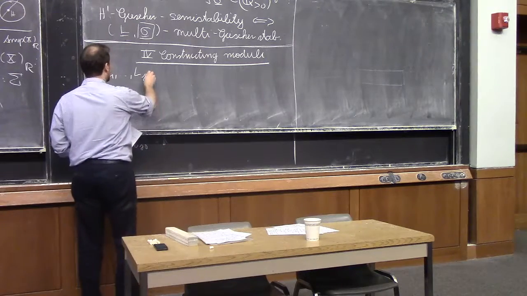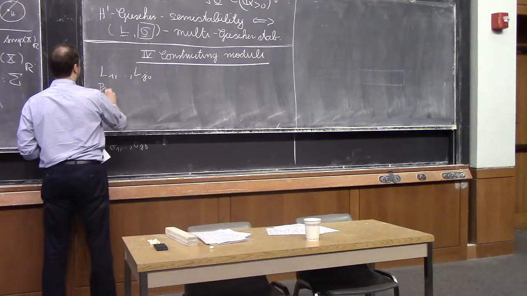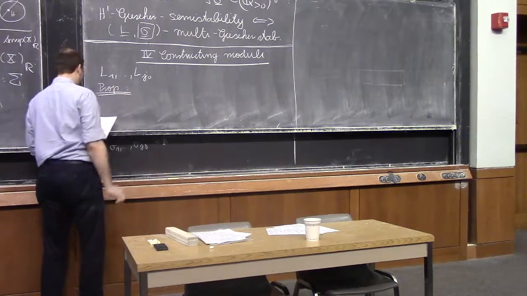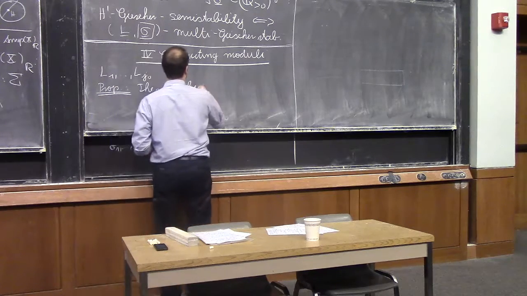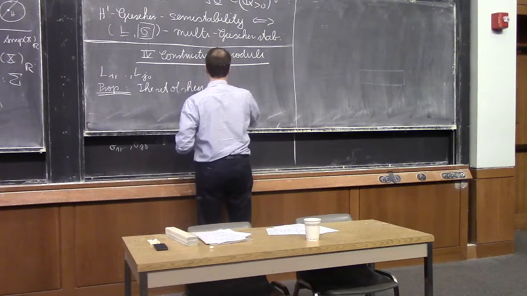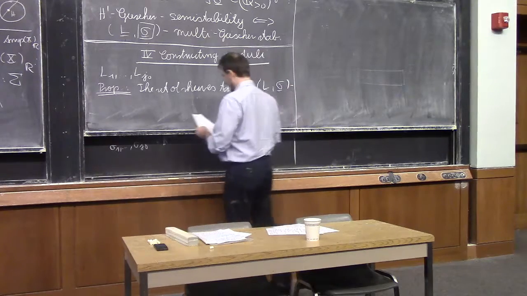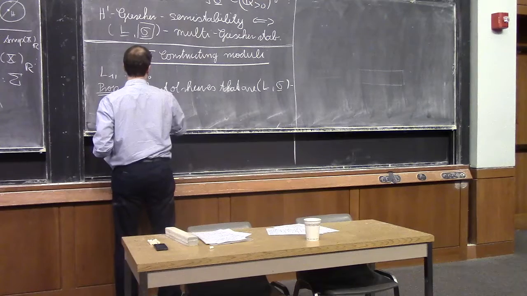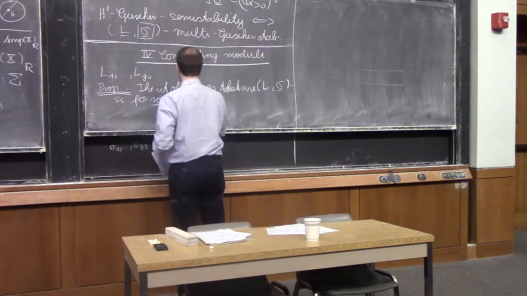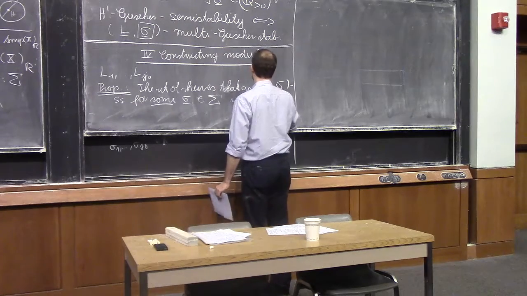And then, the first proposition is that you have boundedness, so the set of sheaves that are L sigma semi-stable for some sigma in Sigma is bounded.